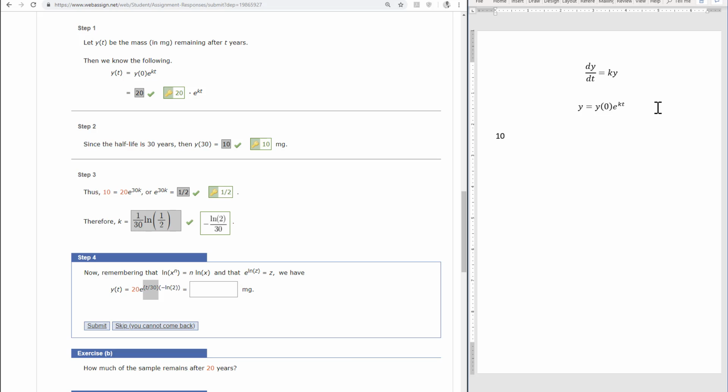So we have 20 times e raised to the t over 30. Actually that 30 is under the ln, but since we're multiplying and dividing, it would work out the same way. So that's t over 30 times minus ln of 2.